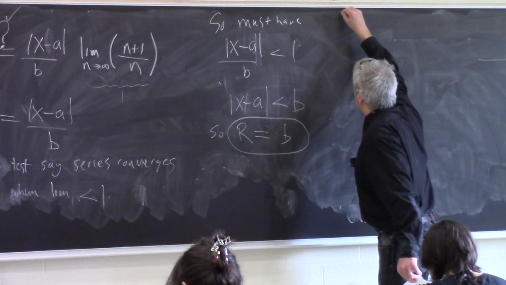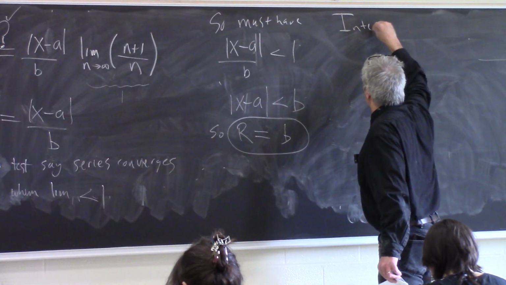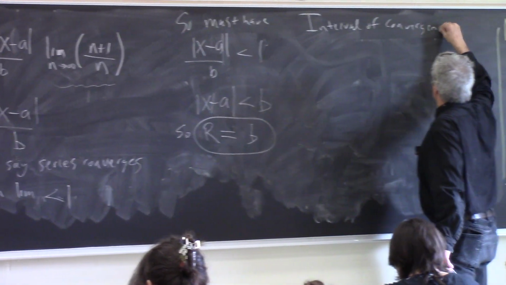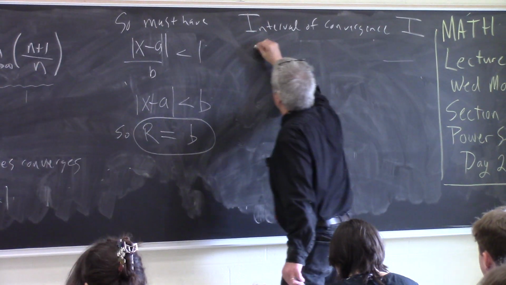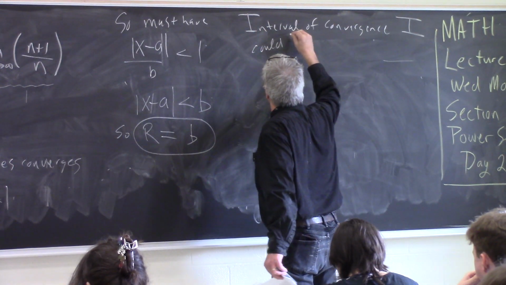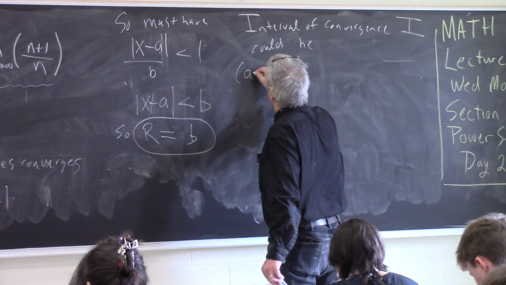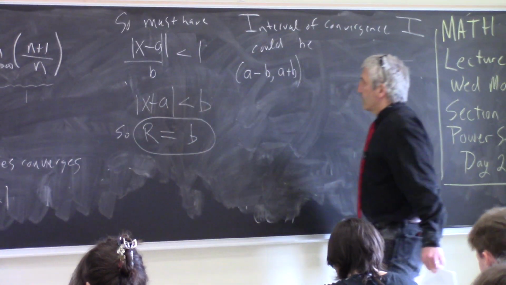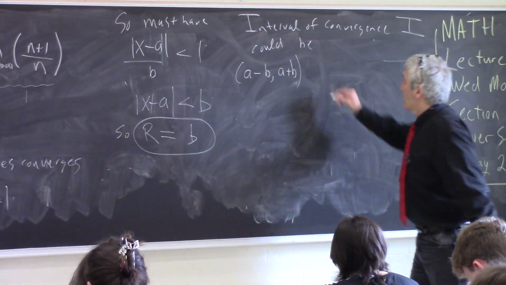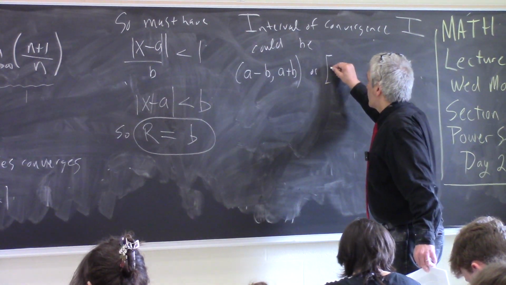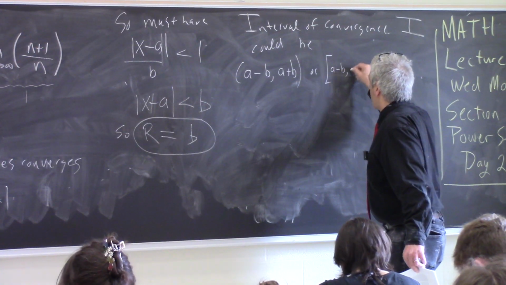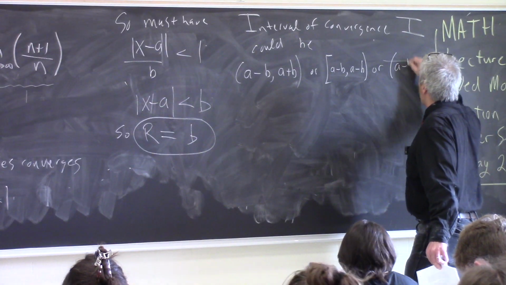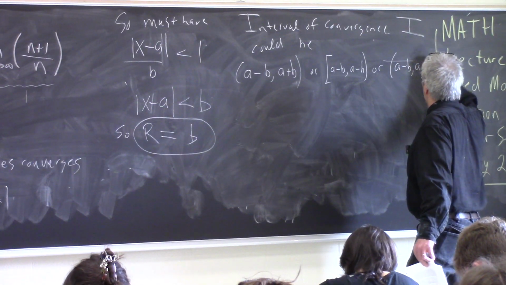The interval of convergence, I, could be just from a minus b to a plus b without the endpoints. Or it could be that the left endpoint is included, but the right endpoint's not. Or it could be that the left endpoint is not included, but the right endpoint is.